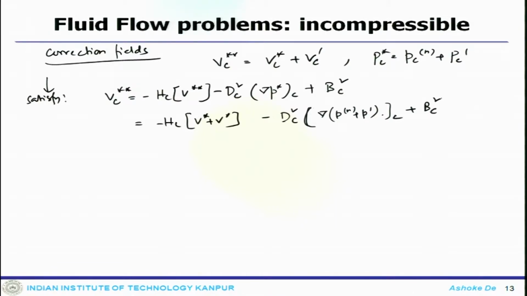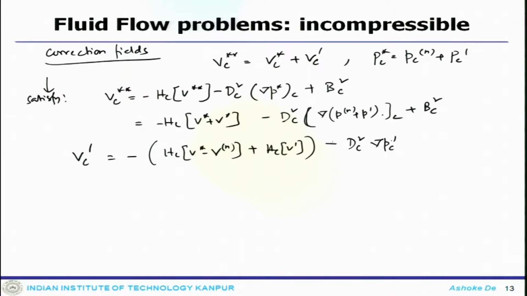Now, which will lead to the expression relating the pressure and velocity field, like Vc prime equals minus Hc V star minus Vn plus Hc V prime minus dCV delta Pc prime.